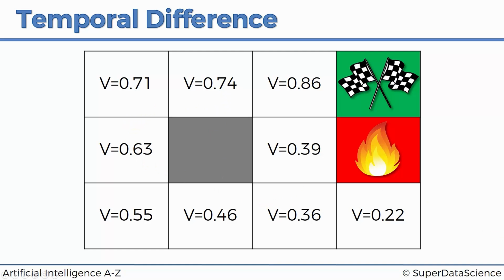Well, now we're going to return to that a little bit and understand what exactly is going on here. Why is it so much harder to calculate these values in the non-deterministic example? Or generally speaking, in these environments with the agent going through them, why can it be so hard to calculate these values? Well, when the agent moves, for instance, from here to the right, he doesn't necessarily always move that way.